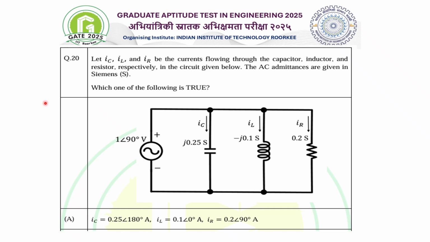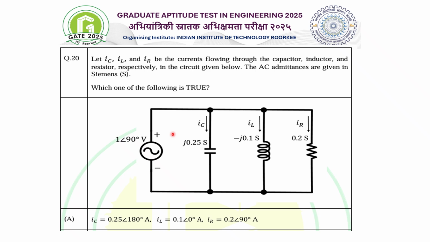Question number 20. The question is: let IC, IL and IR be the currents flowing through the capacitor, inductor and resistor respectively, and the AC admittances are given here.